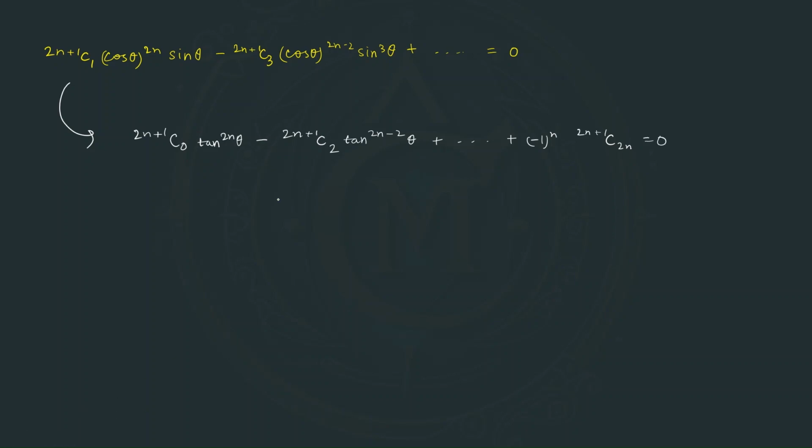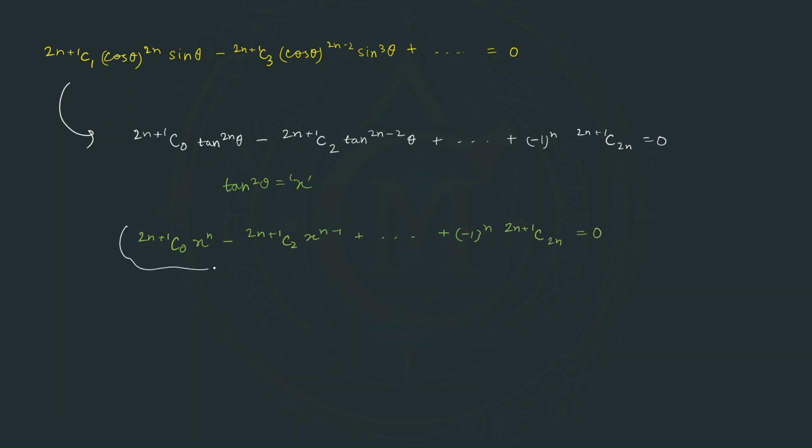Now we can substitute tan square theta equal to x. So this will be a polynomial in x, an n degree polynomial in x. So 2n plus 1 C0 x to the power n minus 2n plus 1 C2 x to the power n minus 1, plus so on up to minus 1 whole to the power n, 2n plus 1 C2n, equal to 0.